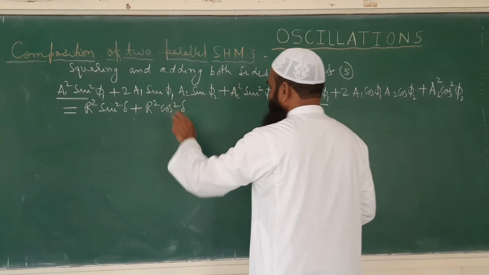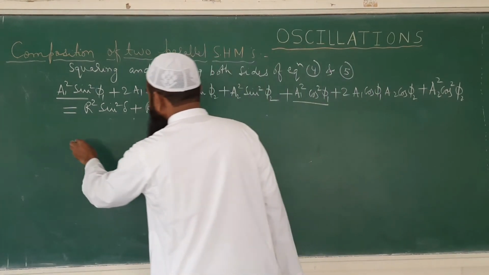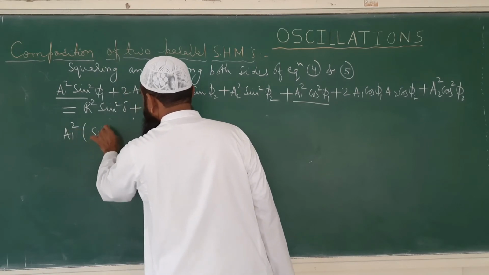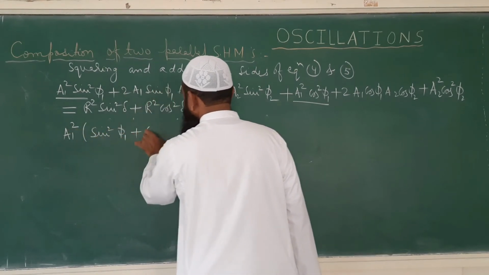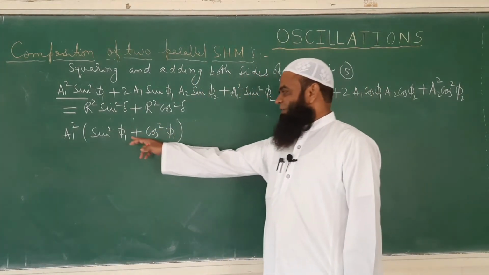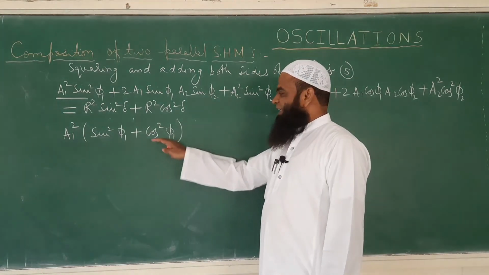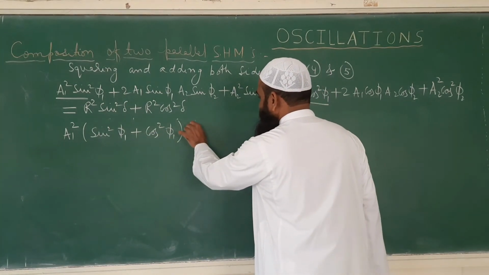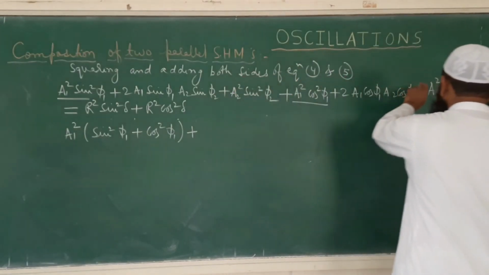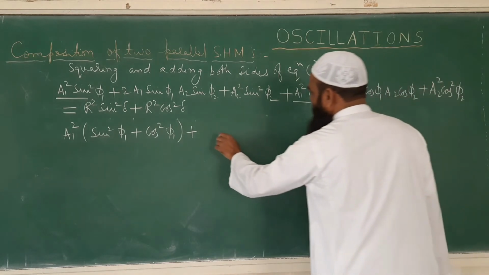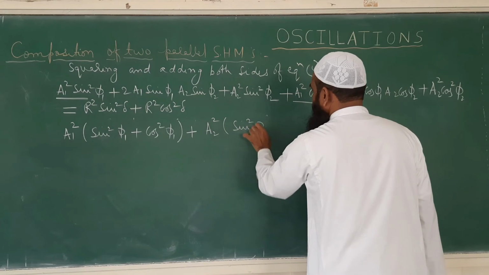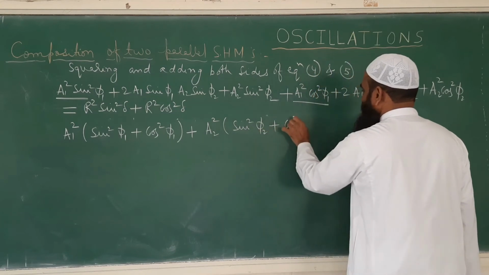From these two terms, if we take a1 square common, then what will remain in the bracket? Sin square phi 1 plus cos square phi 1. The value of the angle should be the same, phi 1. By doing this, we can minimize this term. Similarly, here a2 square sin square phi 2 and a2 square cos square phi 2. If we take a2 square common, then sin square phi 2 plus cos square phi 2.